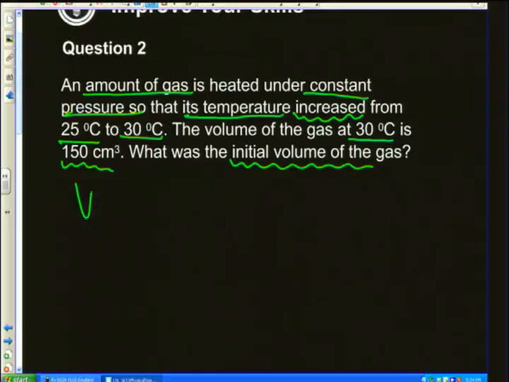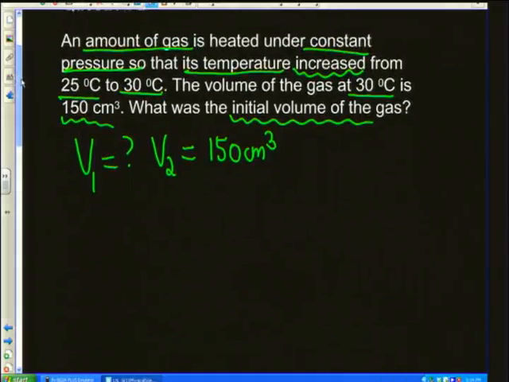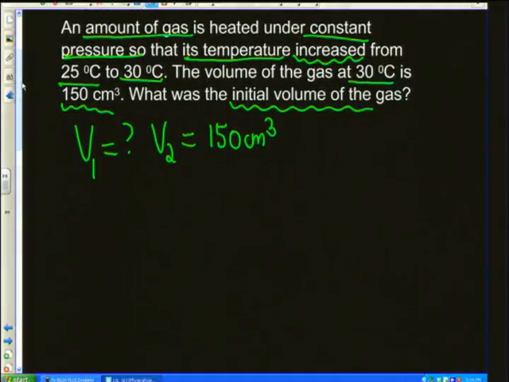So I need to find V1, the initial volume of the gas, because I am told V2 is 150 cubic centimeters. But what other variable has been given to me here? I'm given temperature. I'll use small letter t for it.